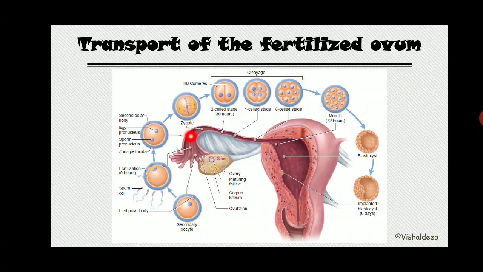Now, during this transportation, at the 3rd day, the embryo will reach the 16 cell stage, that is the morula. After that, at 4 to 5 days, a fluid filled cavity will appear, and now the morula is known as the blastocele or blastocyst. Got it?